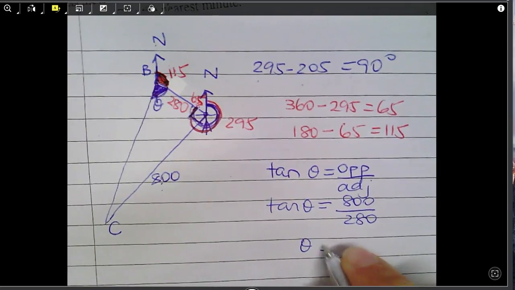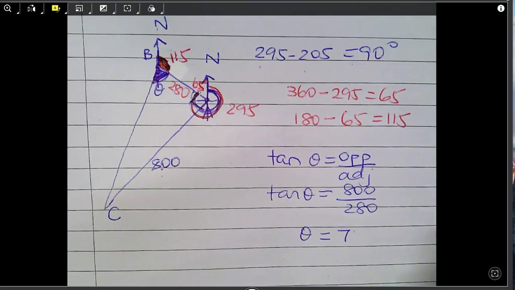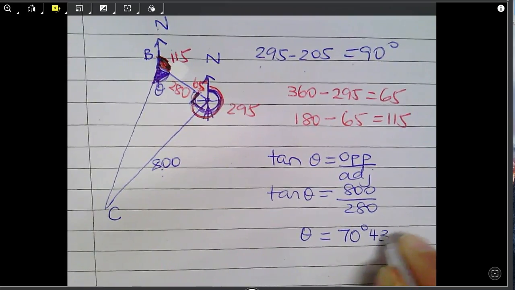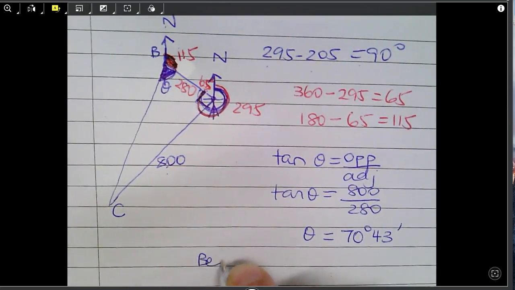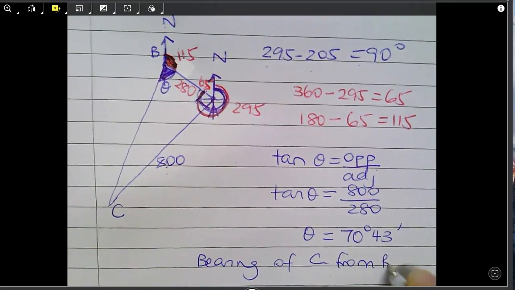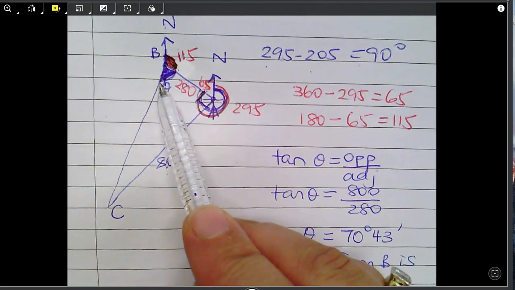So therefore, has anyone worked out what theta is? Anyone? Sorry? 70. Okay, 70 degrees, 43 minutes to the nearest minute. And so therefore the bearing of C from B is what? How do I do it? I want that whole angle.